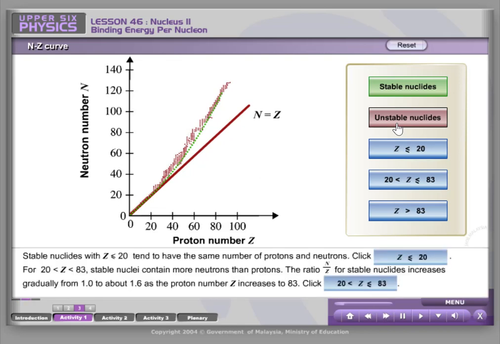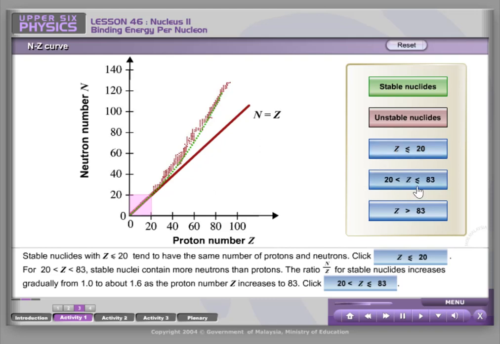Stable nuclides with Z less than or equal to 20 tend to have the same number of protons and neutrons. Click the Z ≤ 20 button. For Z greater than 20 and less than or equal to 83, stable nuclei contain more neutrons than protons.